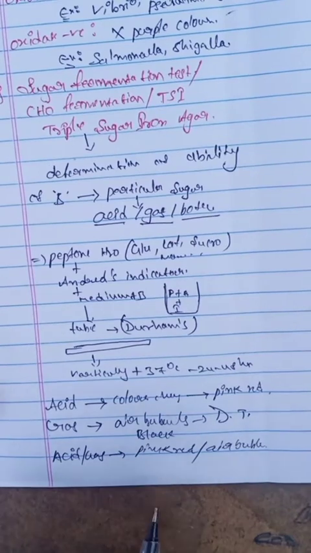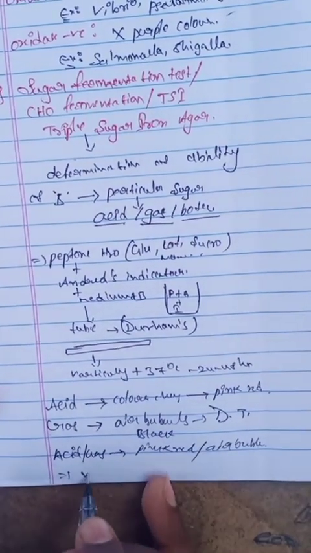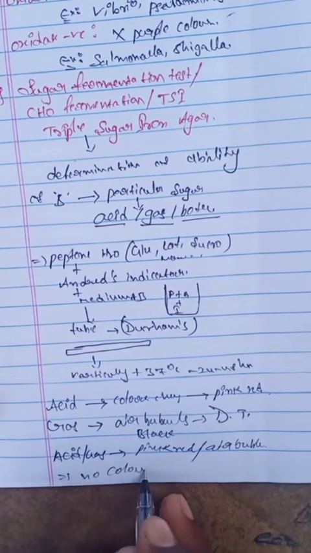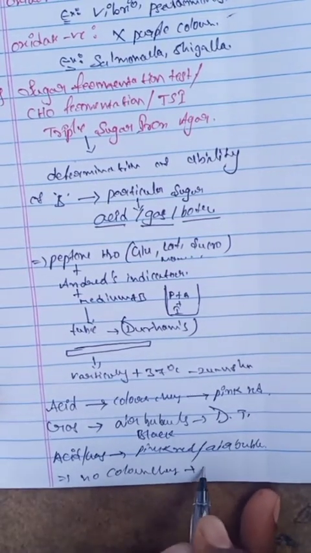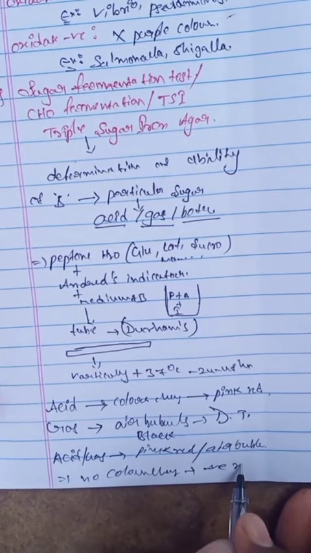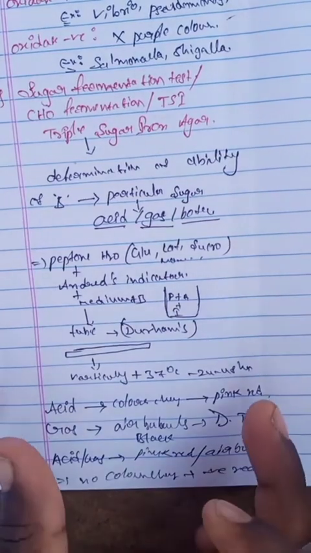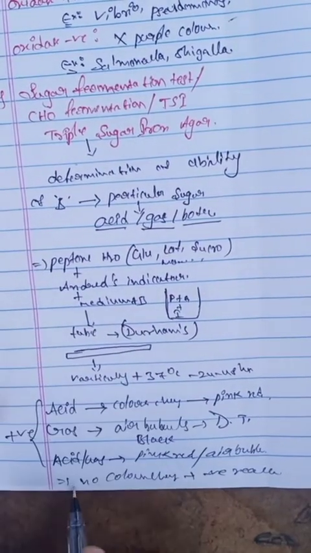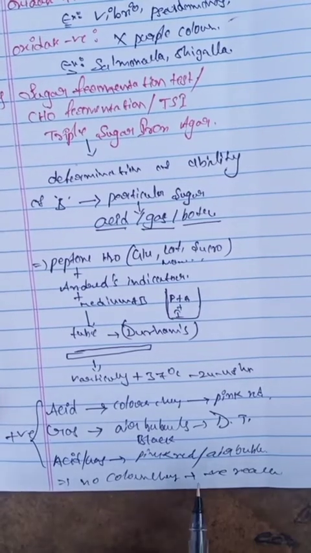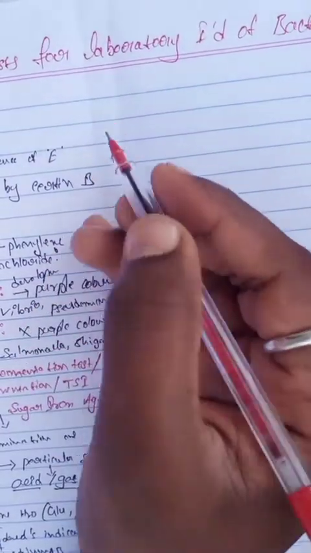If there is no color change of the sugar medium and no air bubble formation, it is known as a negative reaction. In each and every test, there is a positive reaction and a negative reaction. These are the positive reactions. In case there is no color change, it indicates a negative reaction.